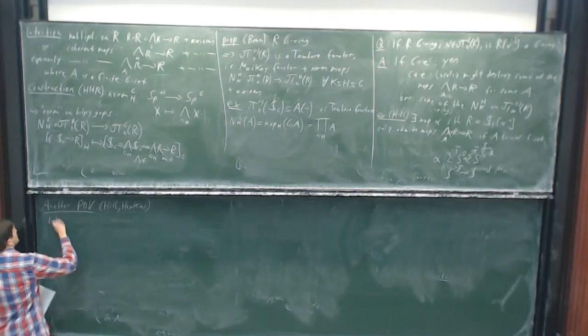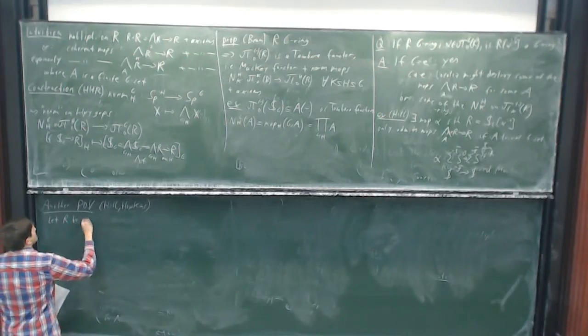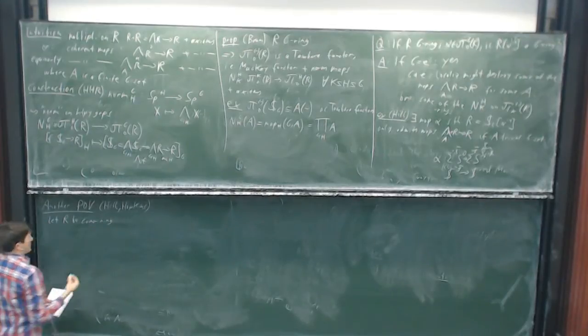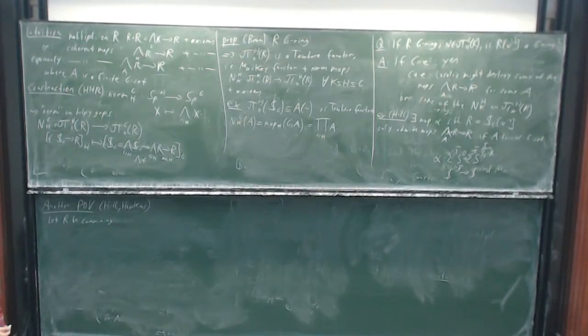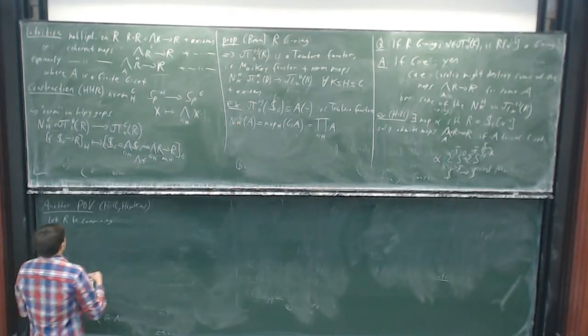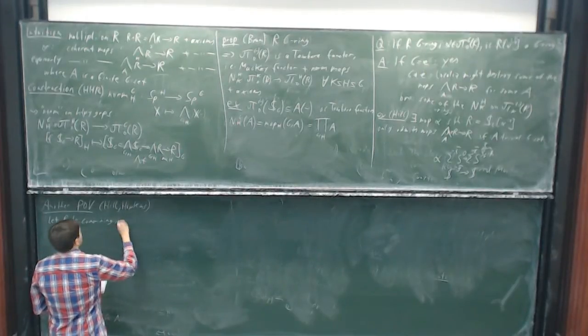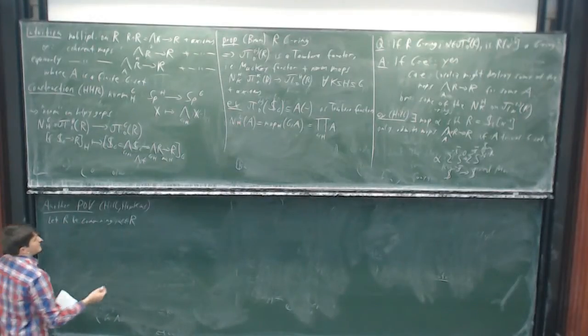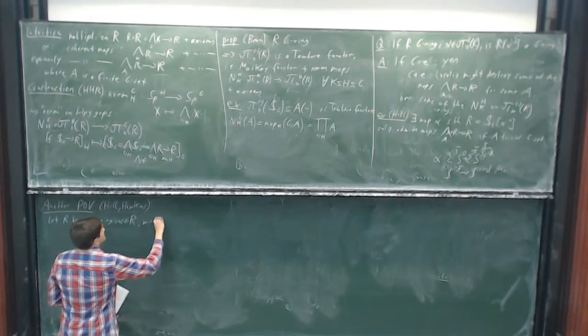So let R be a commutative ring. Here I really mean commutative ring as in your undergraduate. And say we have some element alpha that we want to invert. Then let's look at the following two constructions.